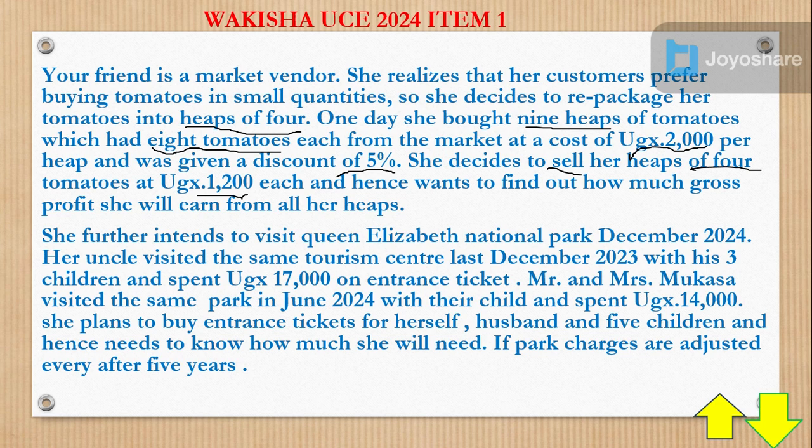Now, unlike the old curriculum, some of these questions can be a 2-in-1. Here the first part is talking about heaps of tomatoes, and the second part talks about something different. So learners preparing for the forthcoming exams, you must bear that in mind. She further intends to visit Queen Elizabeth National Park in December 2024.